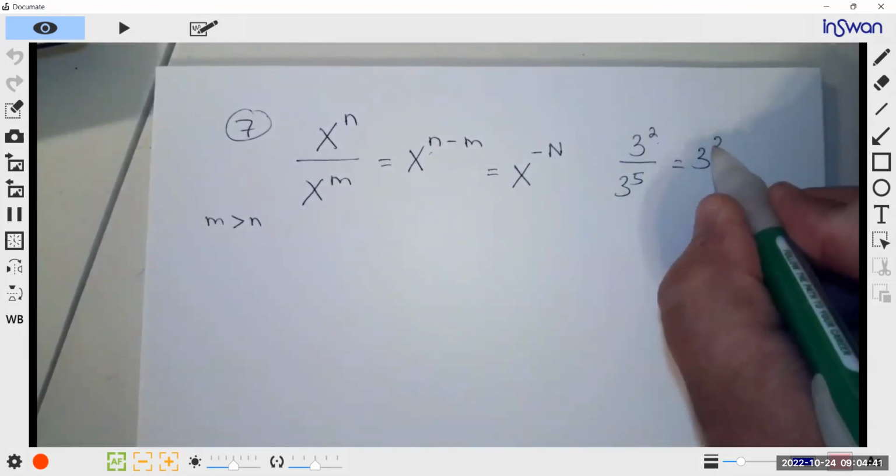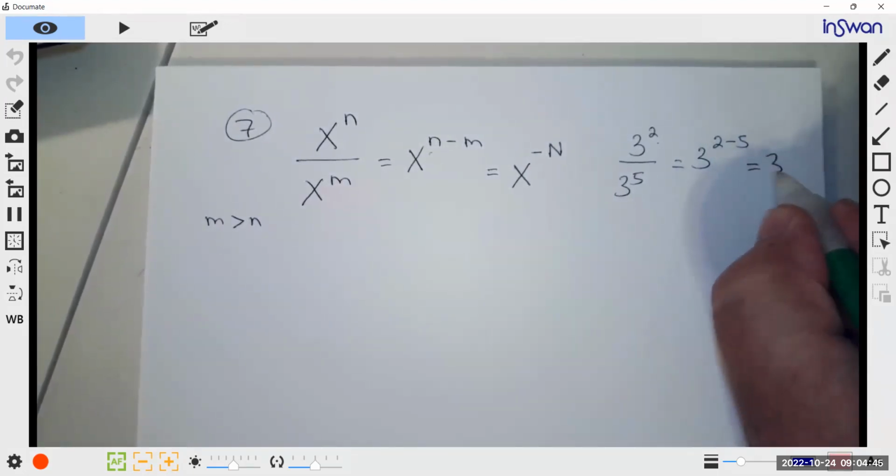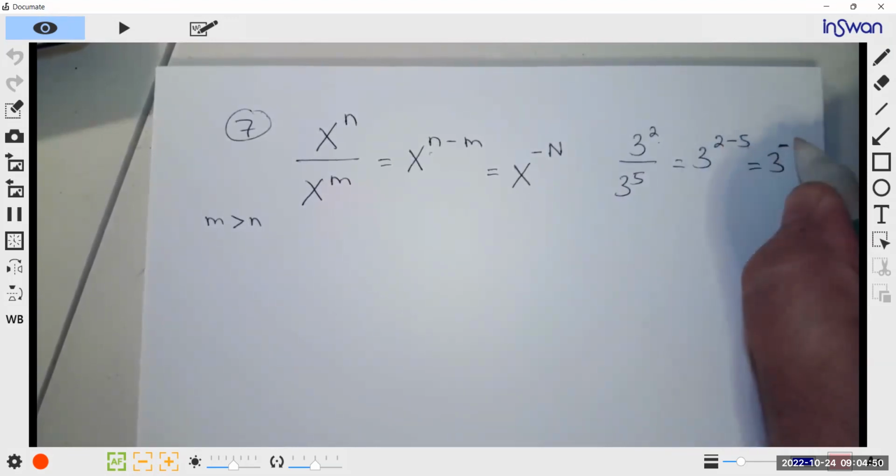So I'm going to do the top number minus the bottom number. 5 is bigger than 2, so it's negative. 5 minus 2 is 3.